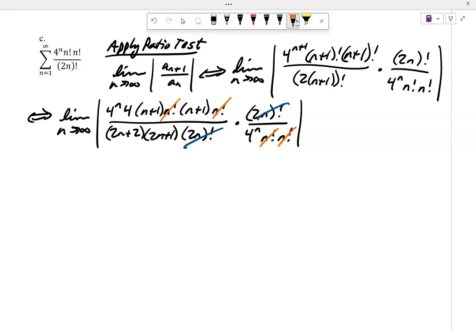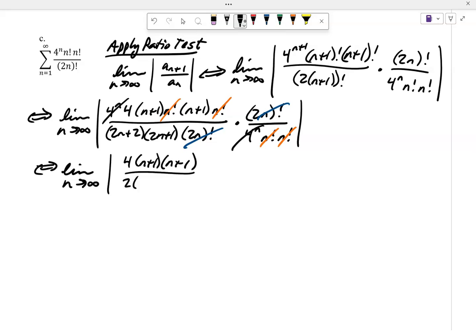4 to the n, 4 to the n. I think I got everybody, so I got 4, (n+1), (n+1). I got 2n plus 2. Let me take a 2 out of that. And I got 2n plus 1.